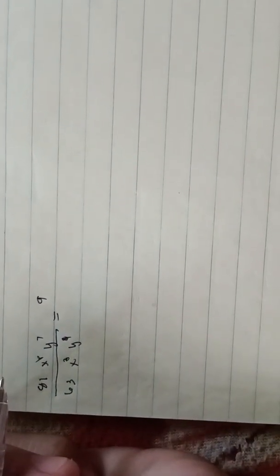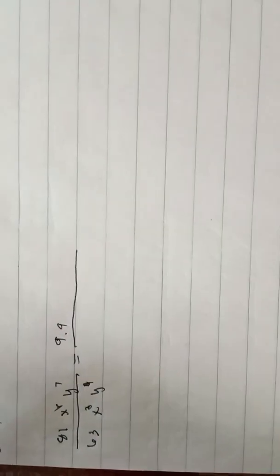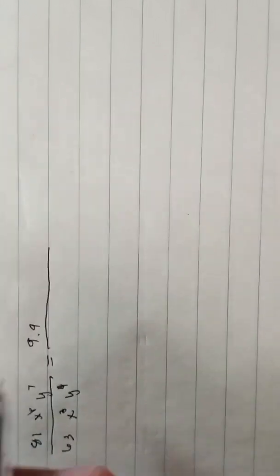And basically, we know that 81 and 63 has the greatest common factor of 9. 81 has a factors of 9 times 9. And 63, alam naman natin na ang factors ng 63 ay 9 times 7.